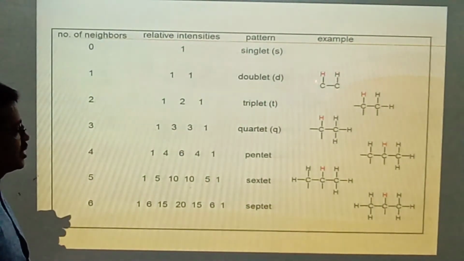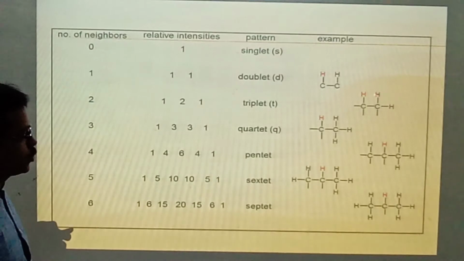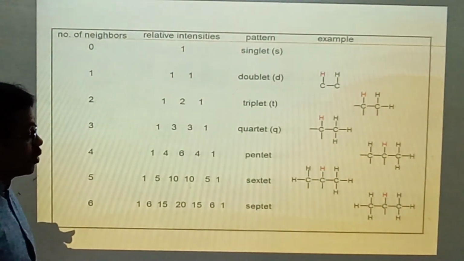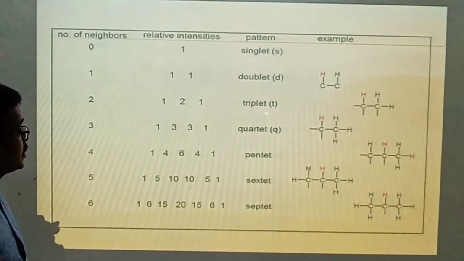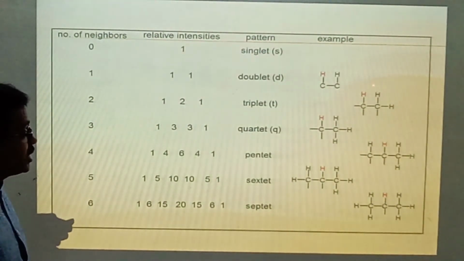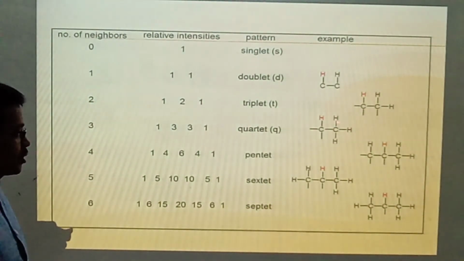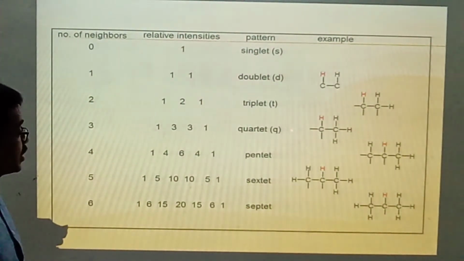So the splitting pattern for the first proton will appear in the NMR spectra as a doublet, designated as D. And if your proton has 2 neighboring protons, then 1 plus 2 is 3, so we will get a triplet, 3 peaks for the single proton. And if your proton has 3 neighboring protons, then you will get a quartet.